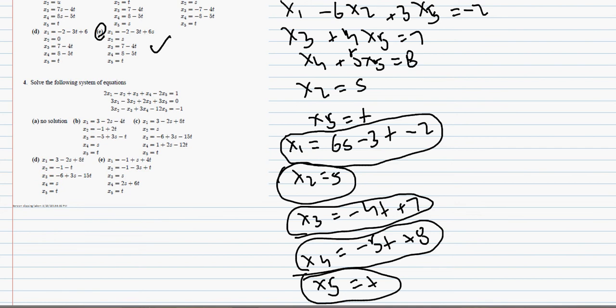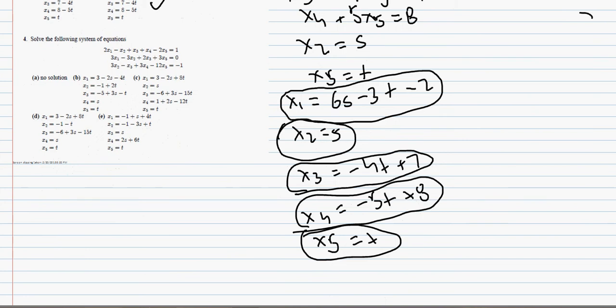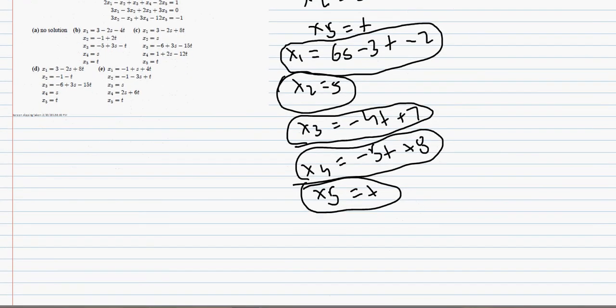So for the next part, basically, they want you to put this into a matrix, and the matrix actually just looks like this: 2, -1, 1, 1, -2, 1.